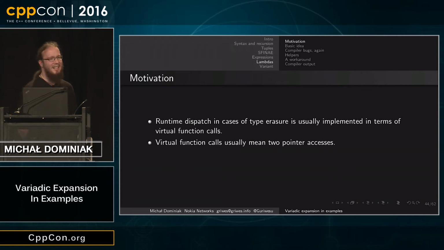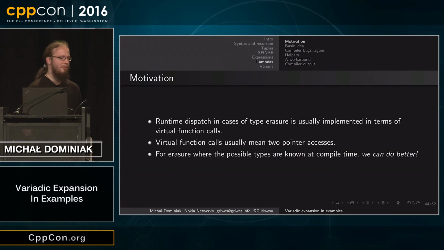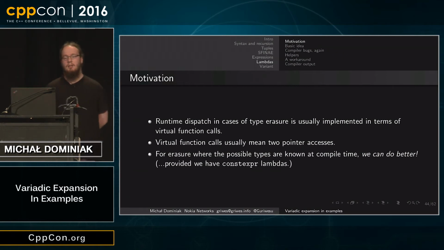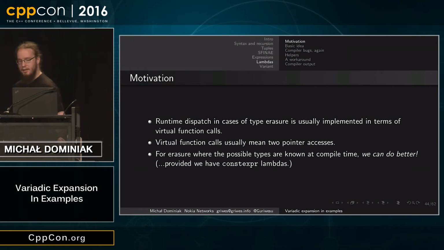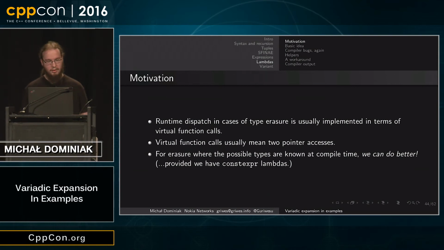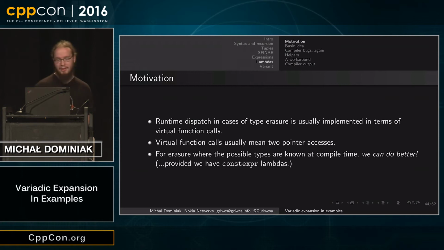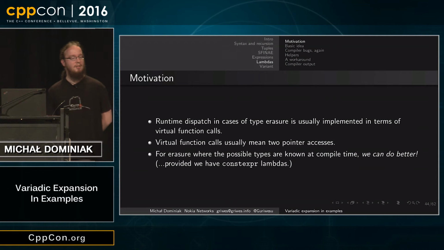Virtual functions are not nice, they are not particularly fast. We can do better, provided that we have context for lambdas. And this time around, for those who somehow saw the previous iteration of the talk, I actually have some assembly in the slides to show the difference.